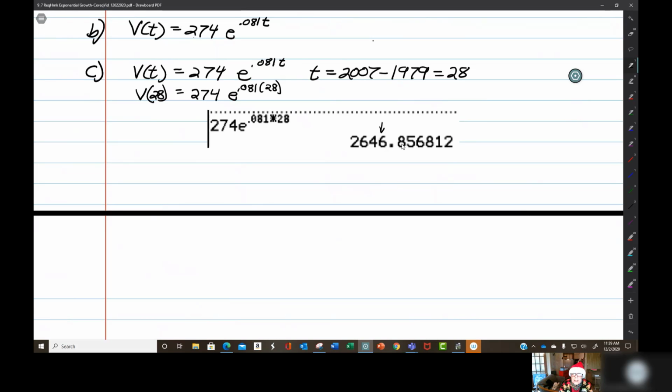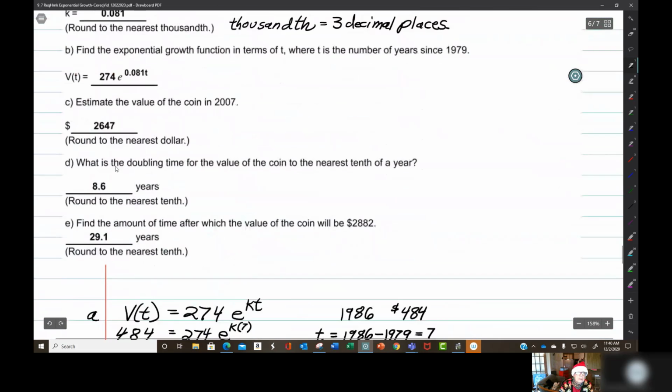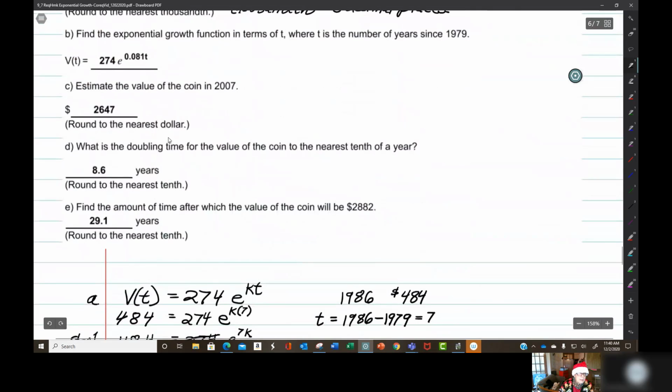So I look over at the 8, and the 8 is big enough to make the 6 round up to a 7. So our answer is going to be 2647. And that's all you have to put right there. 2 more parts to go, D and E.